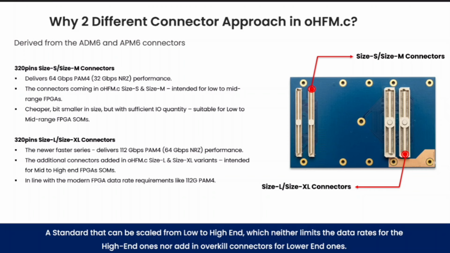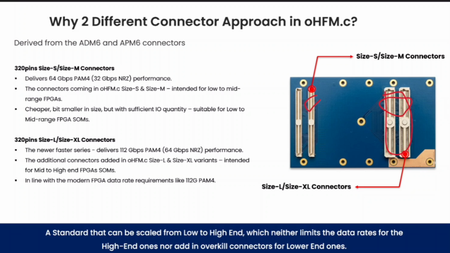These two connectors are designed for different market requirements. The smaller one is derived from the ADM6 series of Samtec connectors, and the bigger connector is derived from the APM6 family of Samtec connectors.